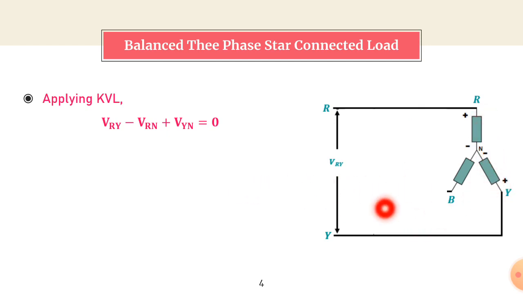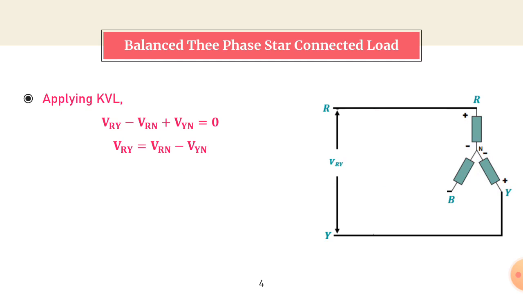By applying Kirchhoff's voltage equation for this loop, we can write VRY minus this voltage VRN, and the voltage across this phase is VYN, and since we are ending with plus, we write plus VYN equal to 0. Therefore VRY is equal to VRN minus VYN.